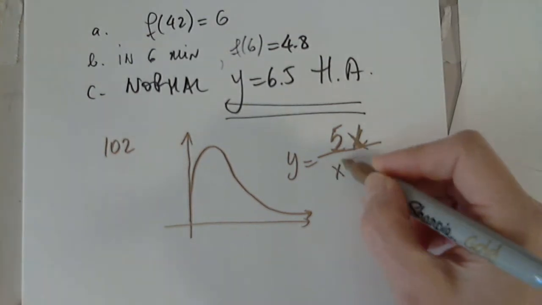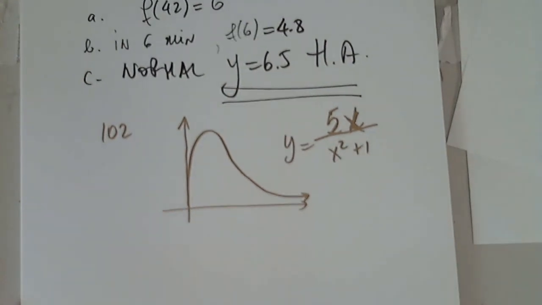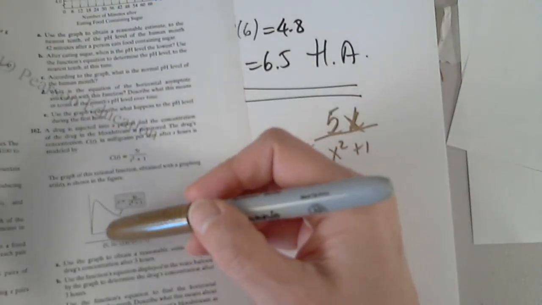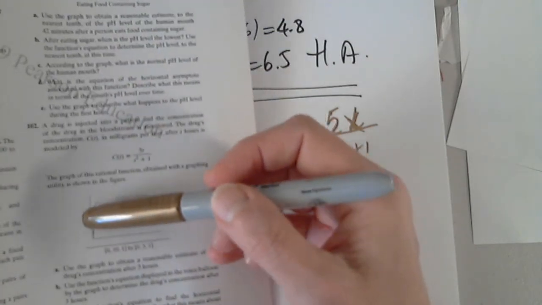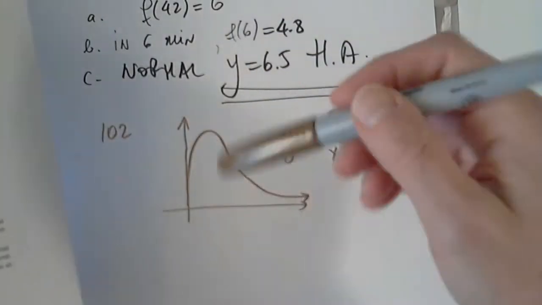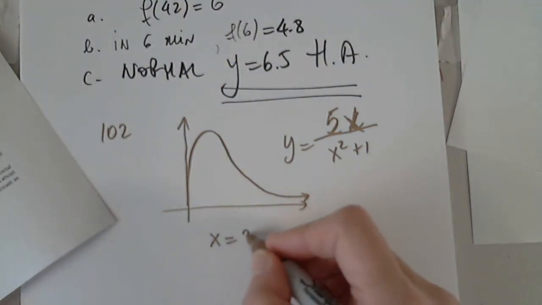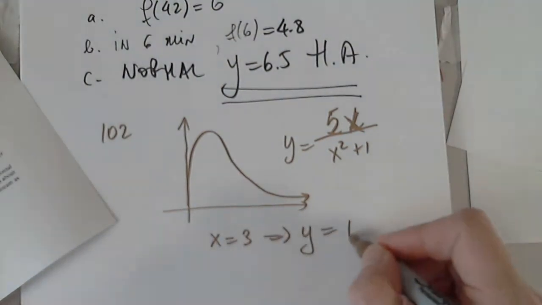No, it's x. My glasses are too strong and the distance is too short. Okay. So use the graph to obtain a reasonable estimate of the drug's concentration after 3 hours. So 1, 2, 3, I would say, difficult to read from here, of course, I would say 1.5. So when x is 3, it appears that y is 1.5.